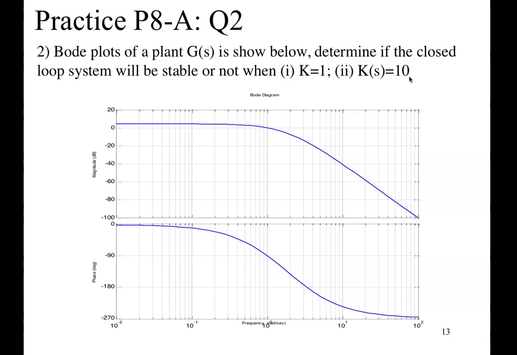Because if you add 20 log 10 for the second part of that question to the magnitude plot, this whole thing goes up. Therefore, the frequency where it crosses 0 dB will be different from this plot. So you need to be a little bit careful with the second question. Okay, so that's what I'd like you to do. Okay, thank you.